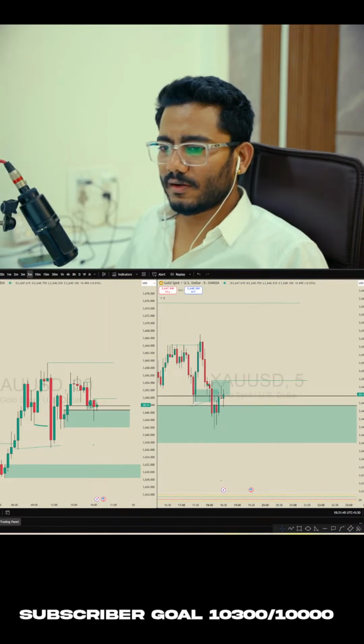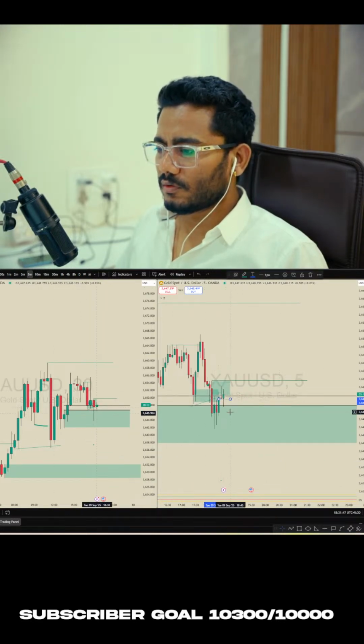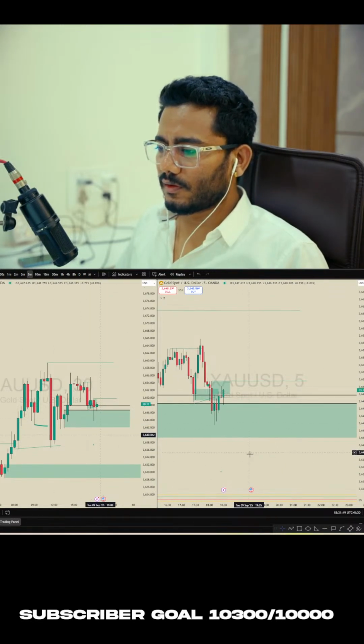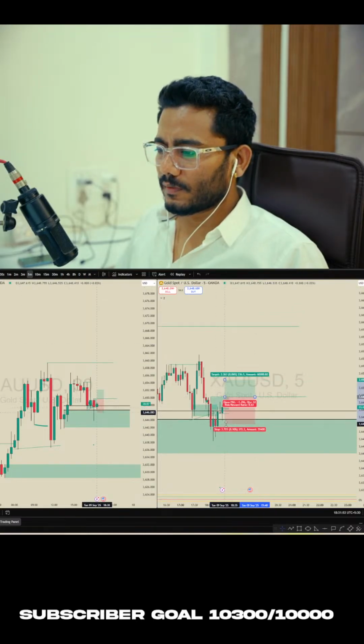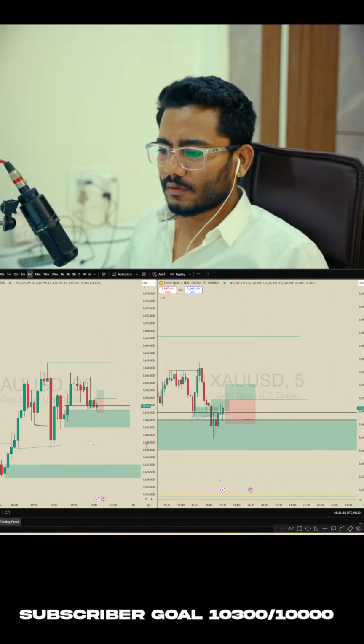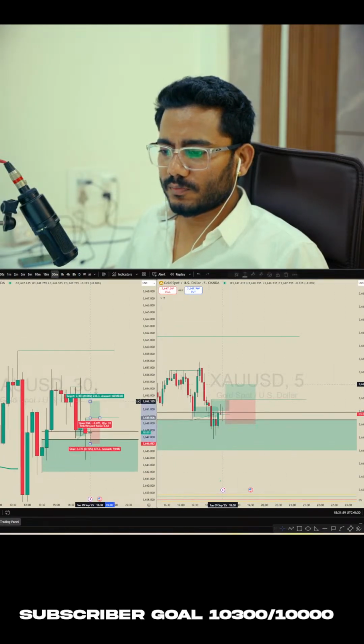So this 5 minute candle took out this previous low. Let's see if this happens, then you can look for buy. So this is the last hope.